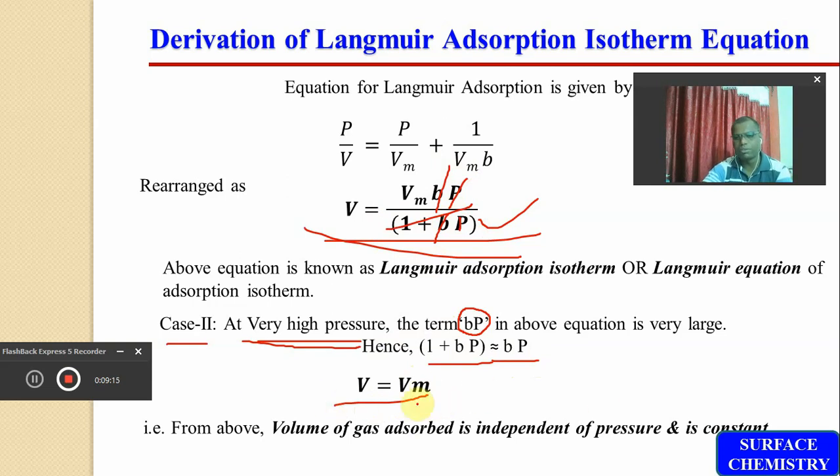Vm means the volume of gas required for the formation of a single layer. So at the highest pressure, V is equal to Vm, meaning the volume of gas adsorbed is constant, independent of pressure. This is the relation between volume and pressure at high pressure.